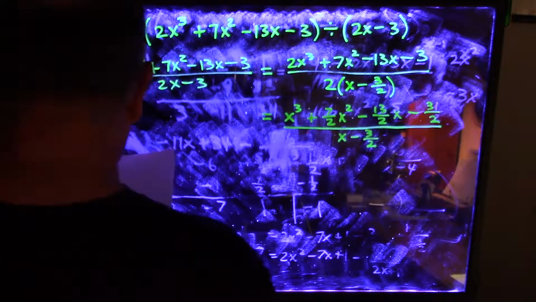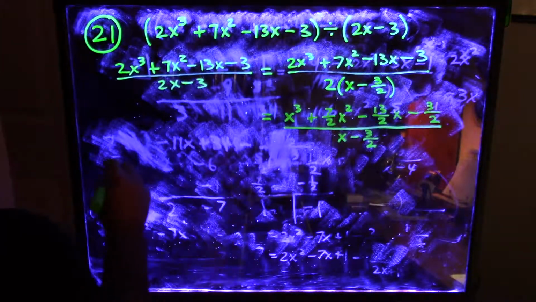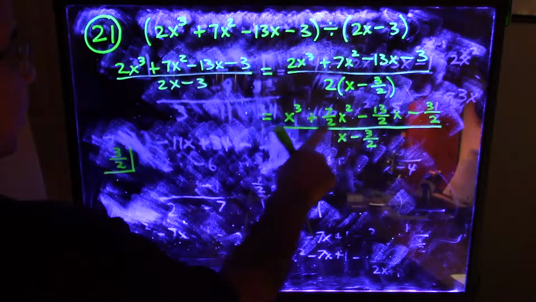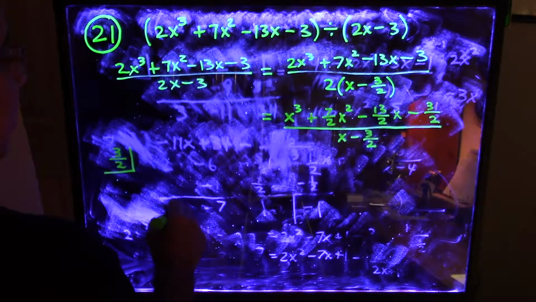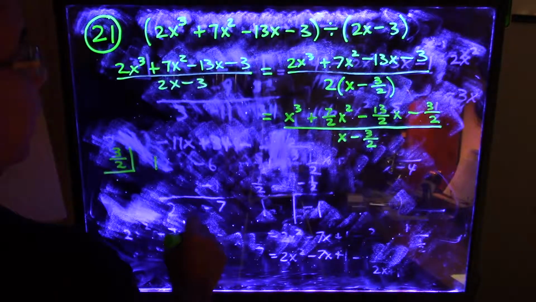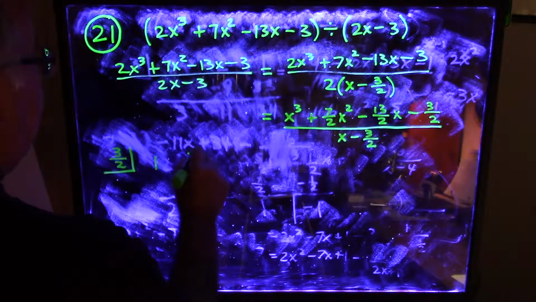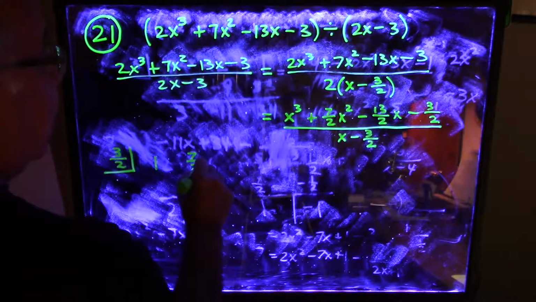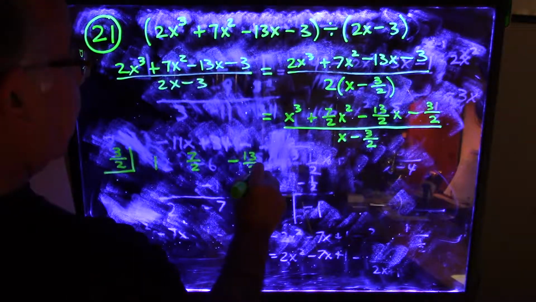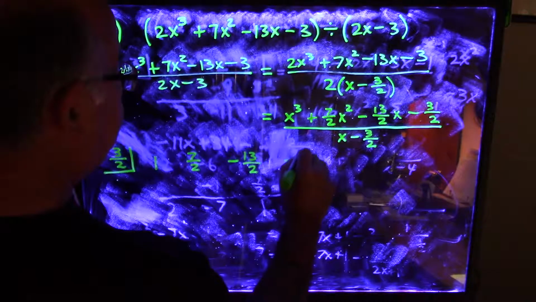Alright, so you write your 3 halves over here in the corner, and then write the coefficients of this polynomial, this dividend. We've got 1x cubed, 7 over 2, negative 13 over 2, and negative 3 halves.